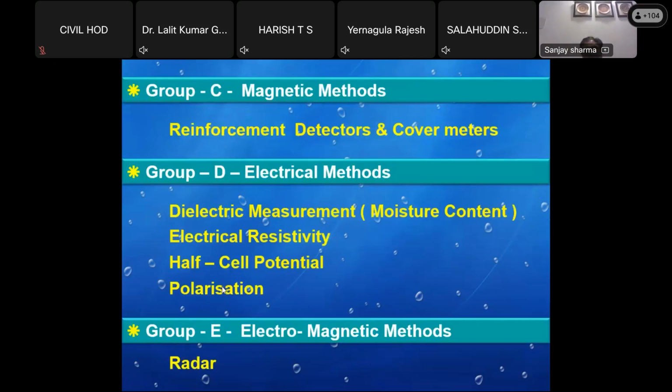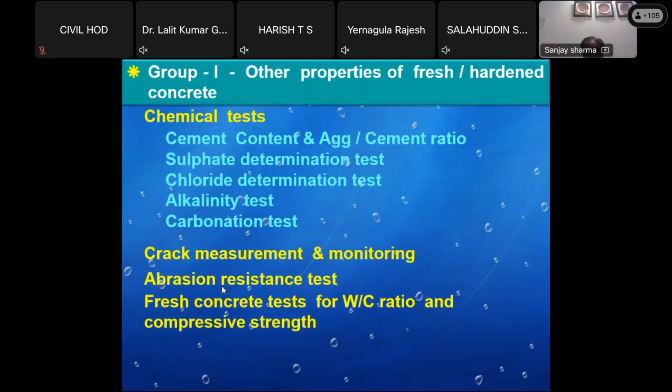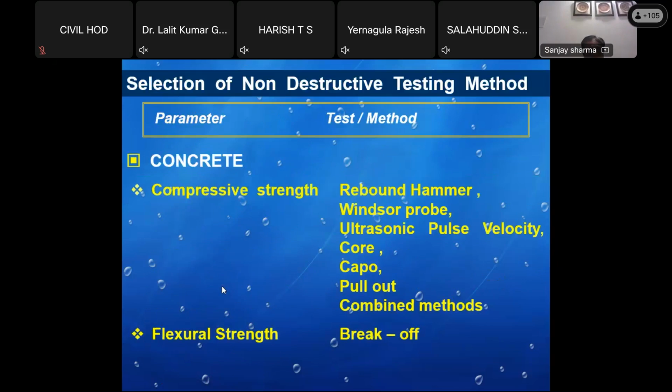Then magnetic methods, we have the reinforcement detectors and cover meters. And electrical methods, you have the dielectric system. Then radiography methods, not very commonly used. Then partial discharge test. And chemical tests also, you may carry out like the carbonation test, alkalinity test, and crack measurement, etc. is done for this purpose.